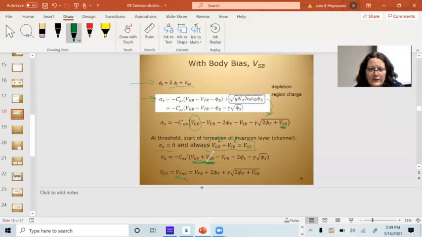Since this is going to be equal to 0, Cox and the negative sign can go away, and I can solve this for VGS, and I get V flat band plus 2 phi F plus gamma times the square root of 2 phi F plus VSB. That's the equation we were using in 380, and it's kind of where it comes from. Skipped a few steps on the derivation, but it gives you a good idea. Okay, I want to change the threshold voltage.